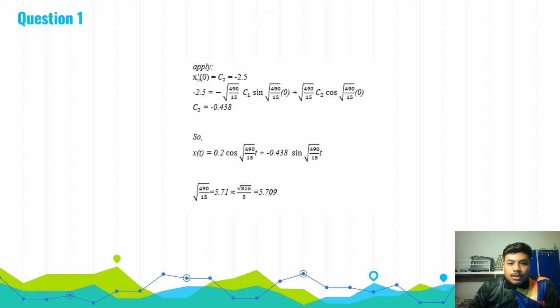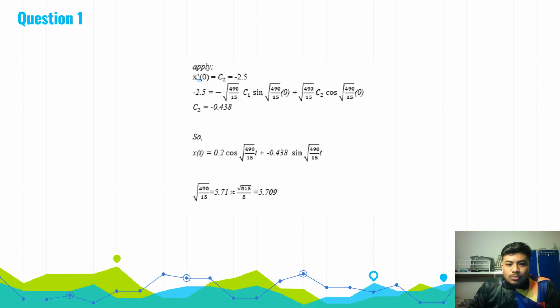And we know that the answer for c2 is negative 0.438. So we get the answer by adding the value of c1 and c2. So x(t) equals 0.2 cos square root 490 over 15 t minus 0.438 sine square root 490 over 15 t.